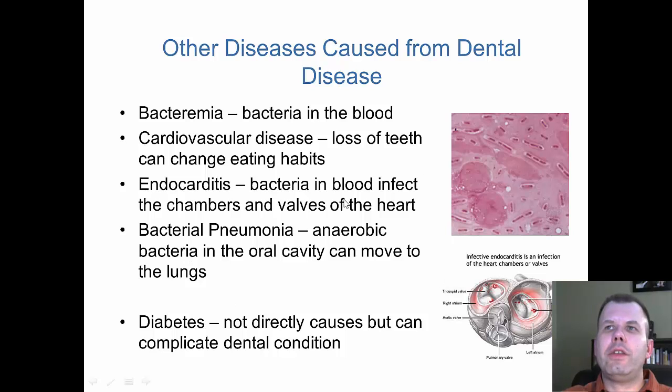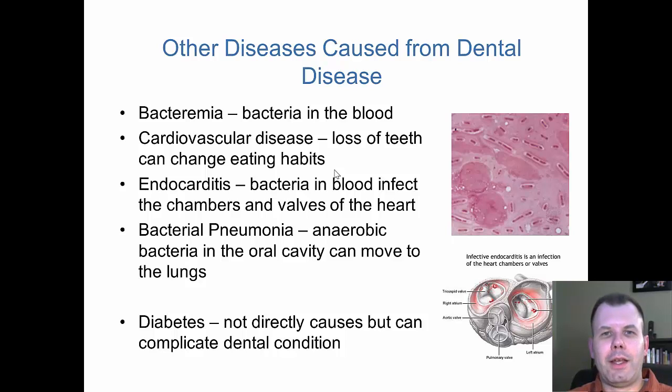Now, there are other diseases caused by dental disease, so it's not just a tooth issue that can cause a bad night of eating, but it can also lead to other infections. When you have bloody gums, that's a perfect way for bacteria to get into the bloodstream and cause bacteremia, which is bacteria in the blood. We've talked about this before, cardiovascular disease associated with dental disease.